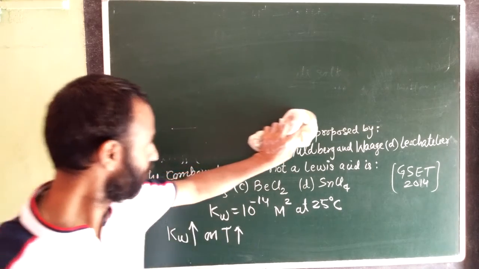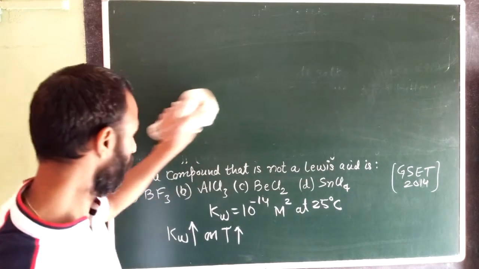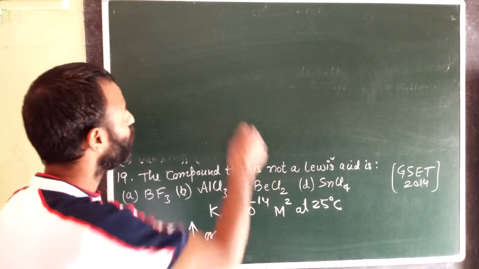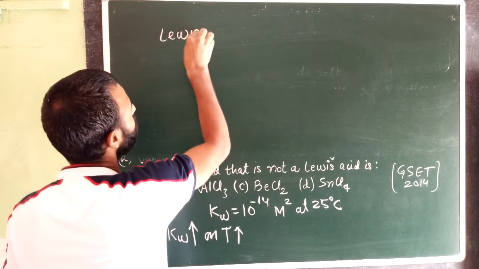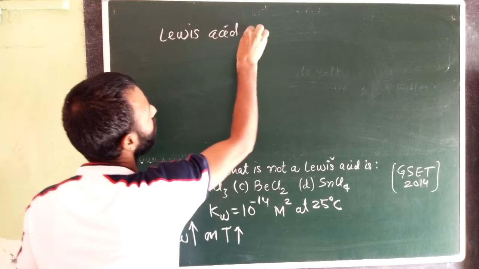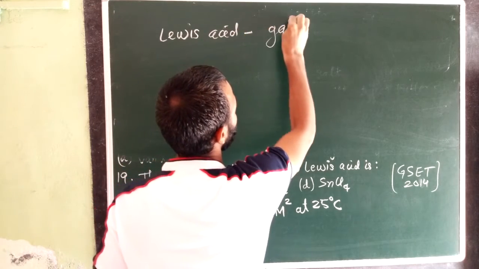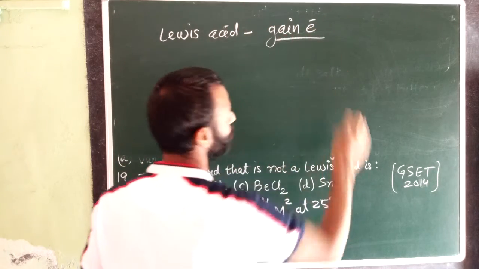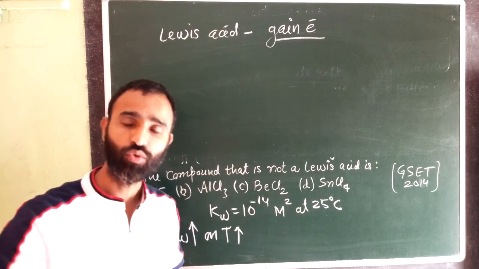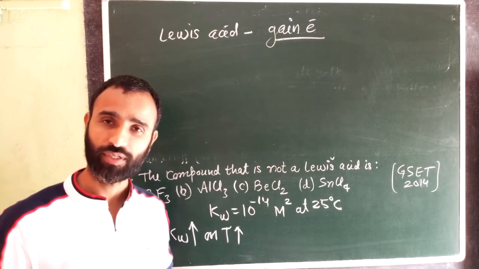Next, the compound which is not a Lewis acid. So what are Lewis acids? Lewis acid is one which can accept or gain electrons, which has the ability to accept electrons.